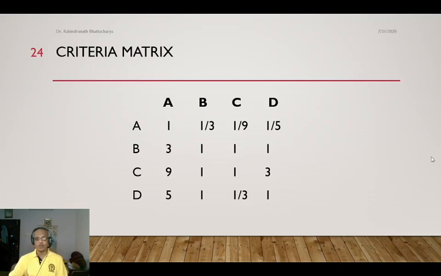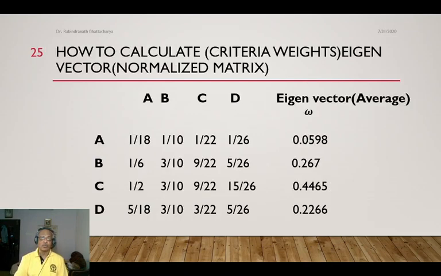So like that you can form the matrix, and then you normalize the matrix. What do you mean by normalization? Normalization means I am taking the total of each column and dividing the individual elements by the total of that column, and we get figures like this.